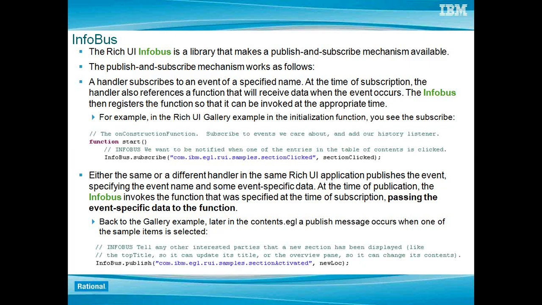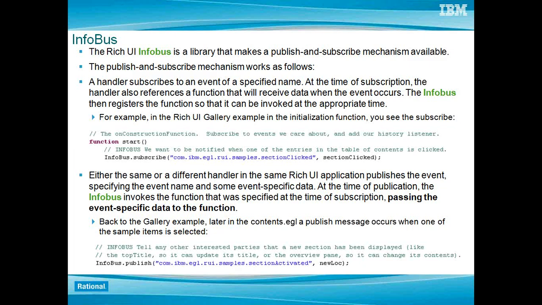Okay. In the same way, at the bottom, if you see, we have an example of the publish. Infobus.publish, providing the same two parameters, event ID, com.ibm.egl.rui.samples.sectionActivated. So this is a long event ID. You can give it any ID, like ABC. It's an event ID, it's up to me.